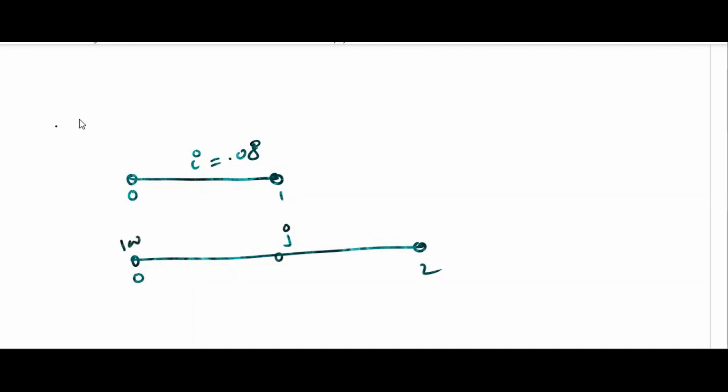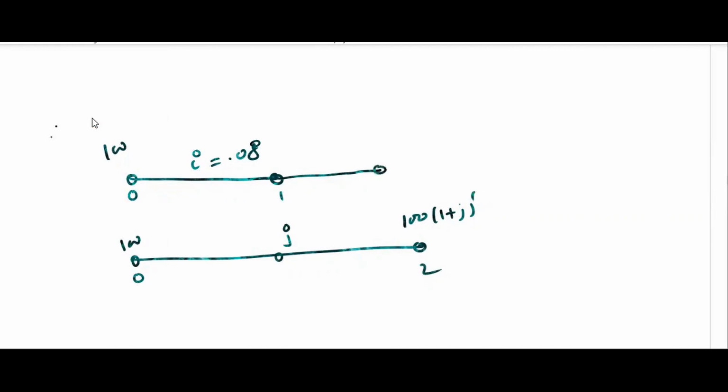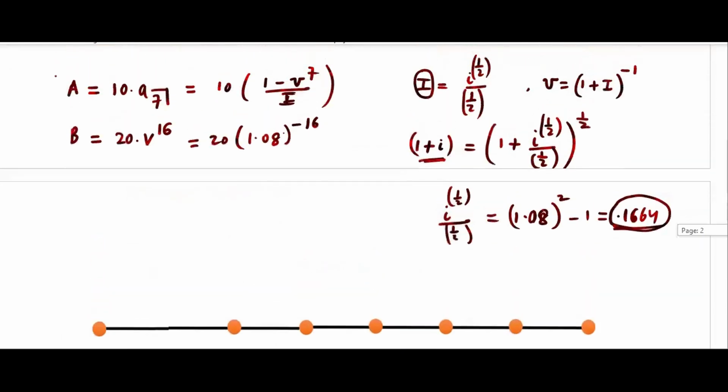If you deposit 100, it should be 100 into 1 plus j, because this total is 2 years, one period only, power 1. Here with 8% in 1 year, you should get 100 into 1.08 power 2. They must be equal. If you solve this, you will get the same j. Do you understand that?